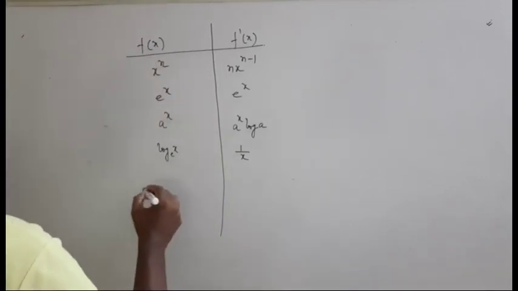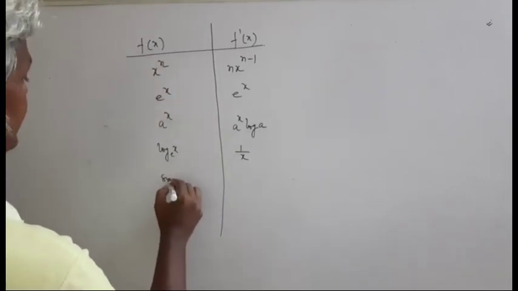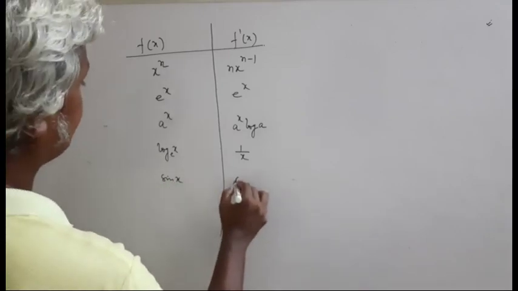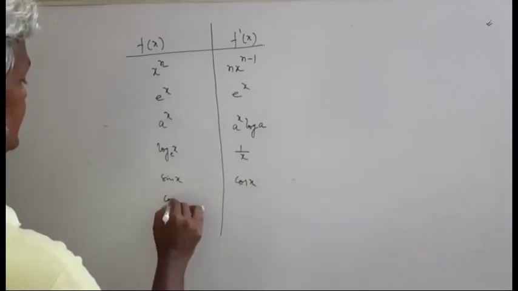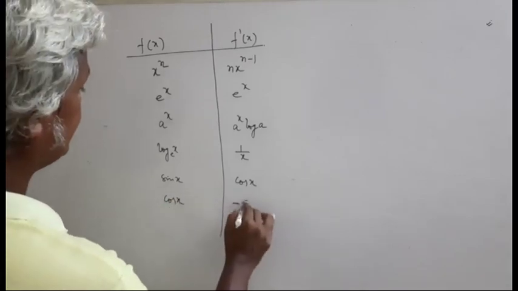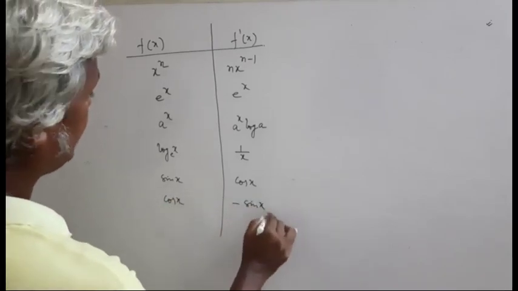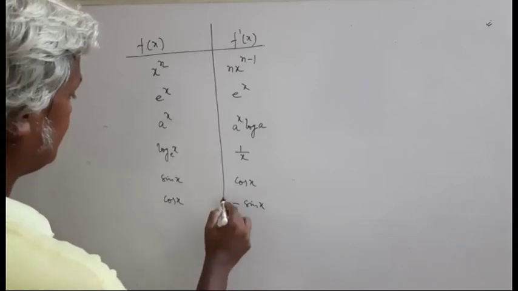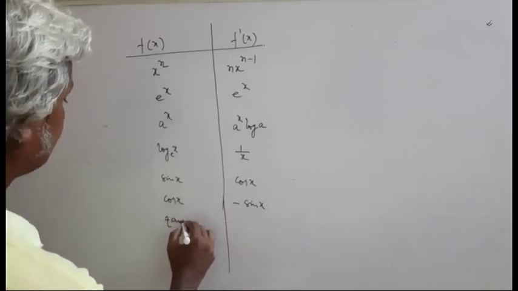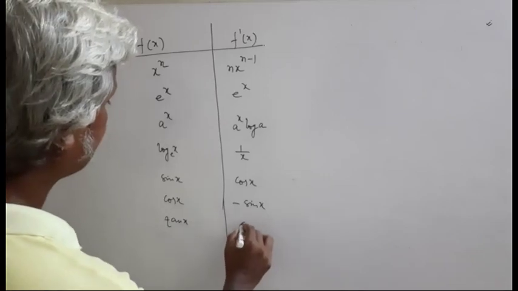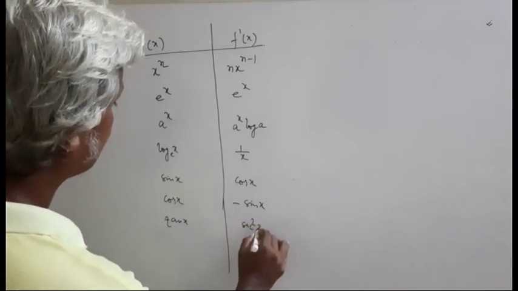If the function is sin x, its derivative is cos x. If the function is cos x, its derivative is minus sin x. If the function is tan x, its derivative is sec square x.